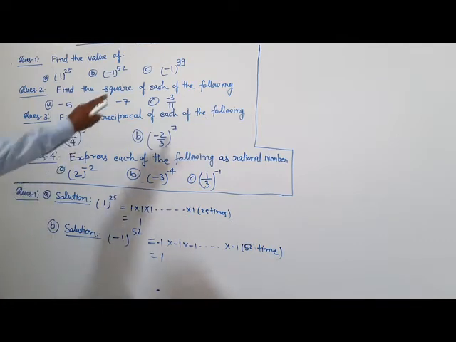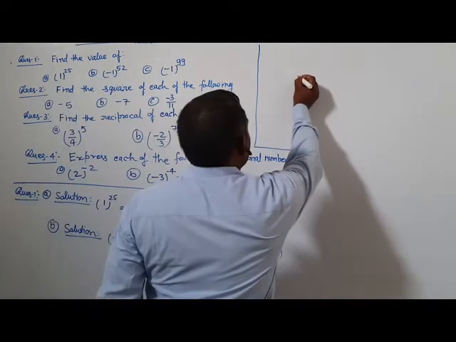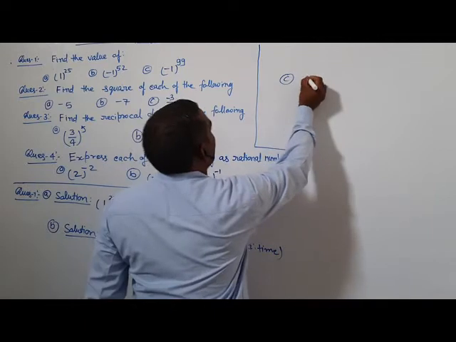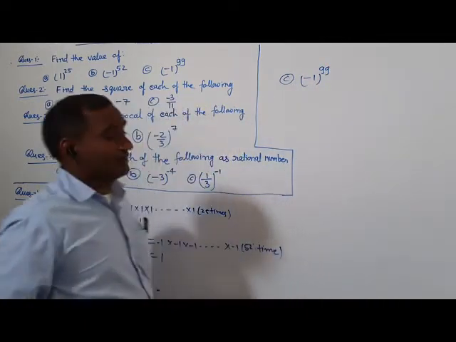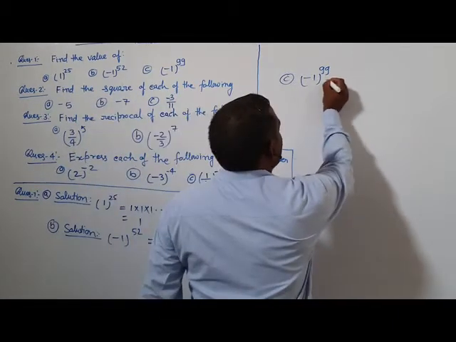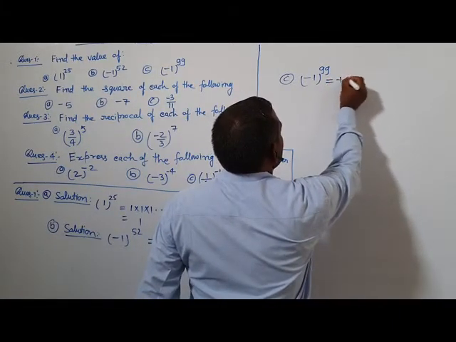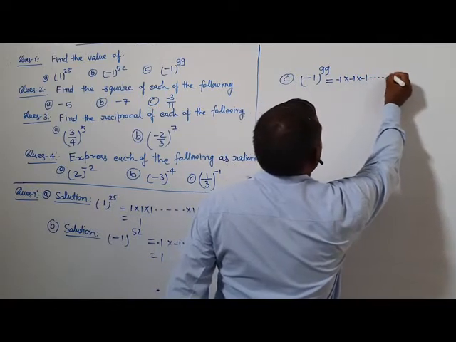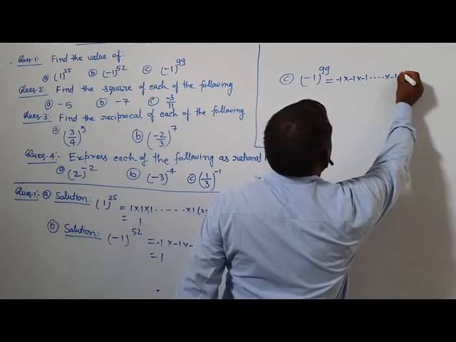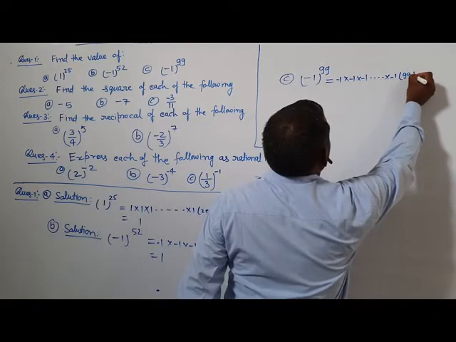Now you have to solve question number C. C is -1 raised to the power 99. You have to write this -1 into -1 into -1 into -1, 99 times.